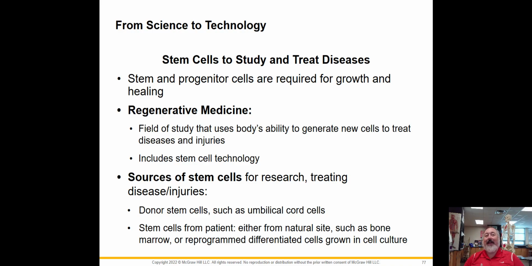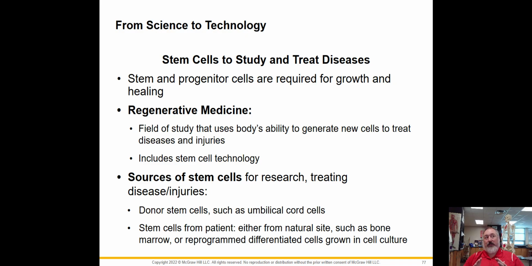So why do we care? Research. Undifferentiated cells that can become differentiated means that we can replace things that used to be irreplaceable. Like when you have damage to a structure, it's over and you never get that back.